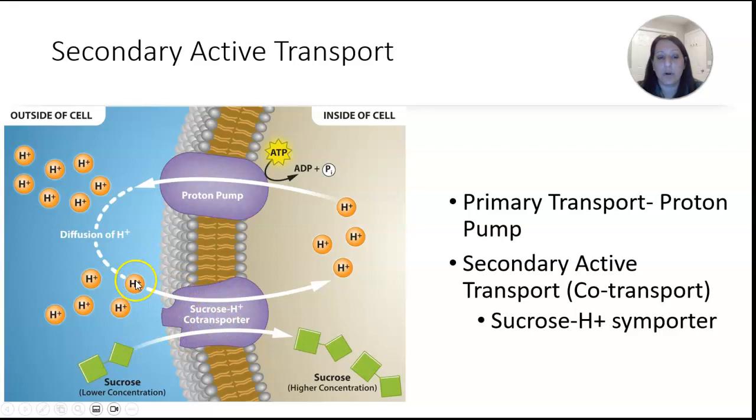And so both the proton as well as the sucrose molecule will bind, and both will be transported across the membrane. The protons are moving down their concentration gradient, while the sucrose is being pumped against its concentration gradient. Okay, so again, that is our second example of secondary active transport. And that's it for active transport.